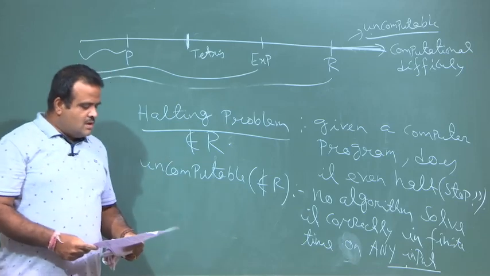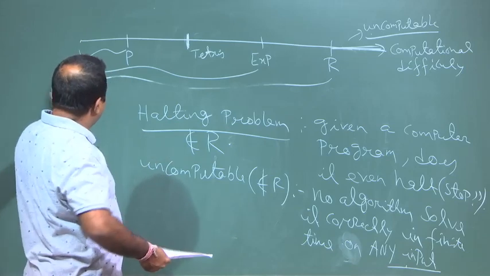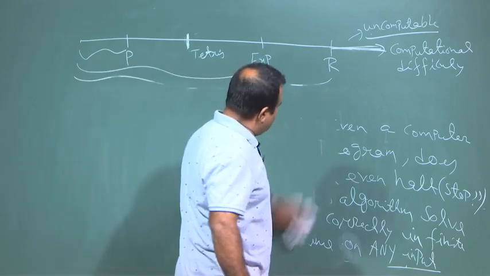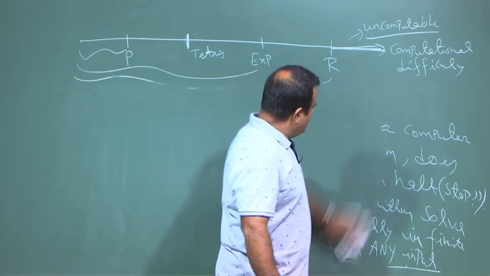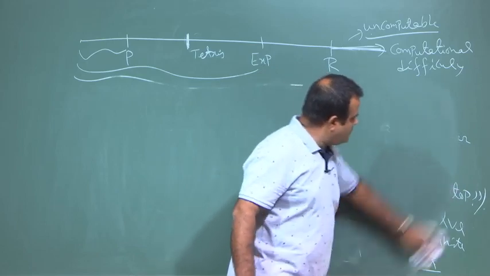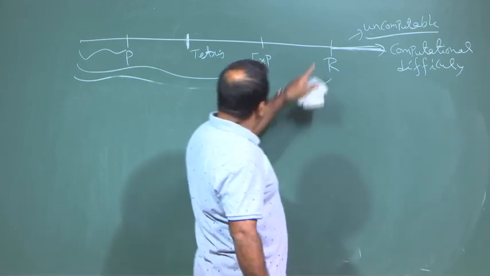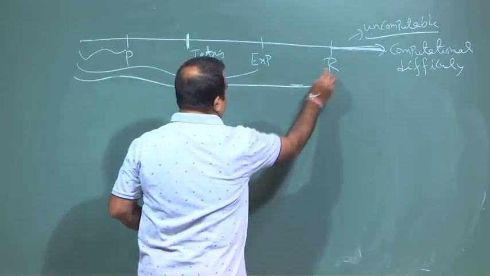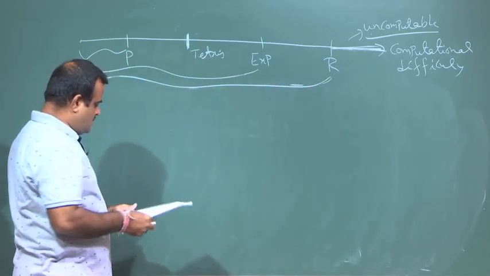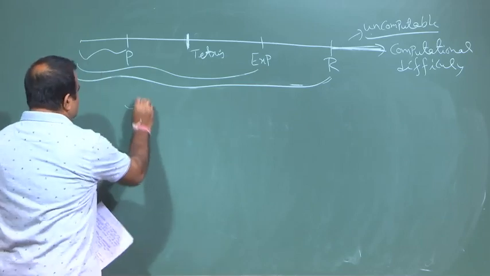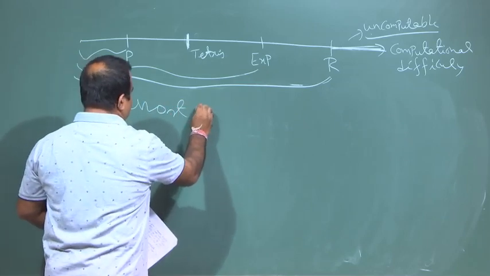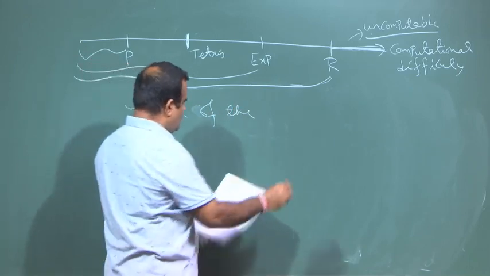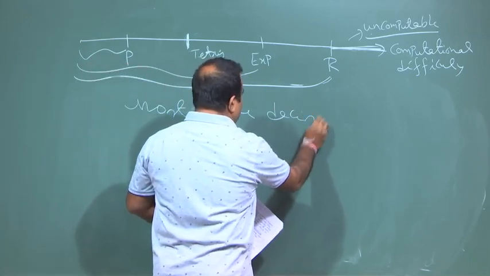Okay. So now our claim is that most decision problems are uncomputable. Most decision problems do not belong to R. This is our next conclusion. So what is a decision problem?